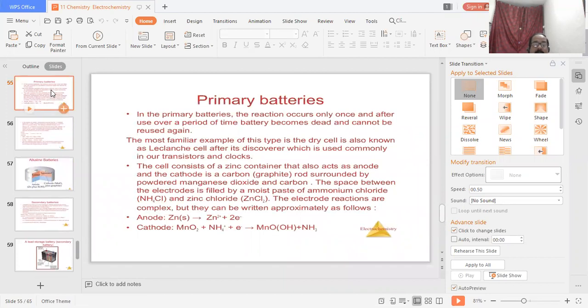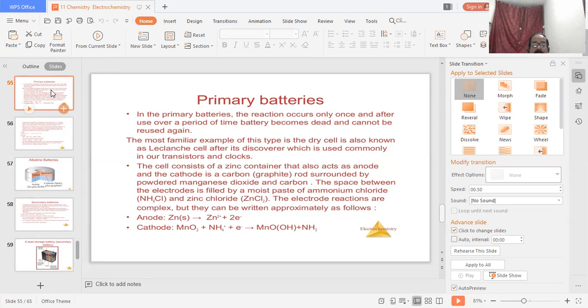Next, the primary battery. In the primary battery, the reaction occurs only once, and after use for a period of time the battery becomes dead and cannot be reused again. The most familiar example of this type is the dry cell, also known as the Leclanché cell after its discoverer, which is used commonly in transistors and clocks.